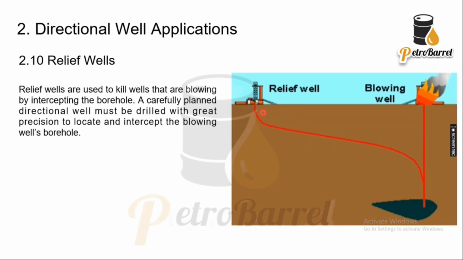Okay, let's move on. Relief wells. Simply, relief wells are wells that are used to build an angle to reach a blowing well to kill this blowing well, either because this well is blowing due to unwanted influx, for example, gas kicks entering the well, and we lost control related to any failure in BOP equipment or a human mistake related to the drilling operation or something.